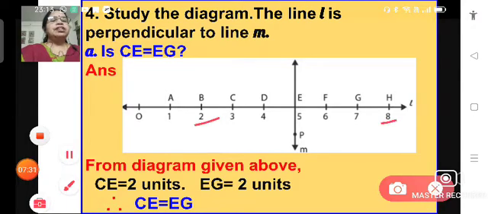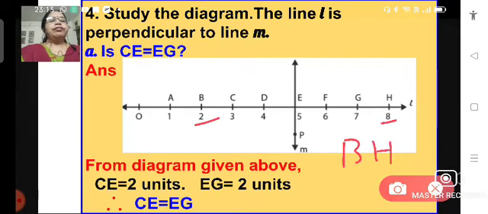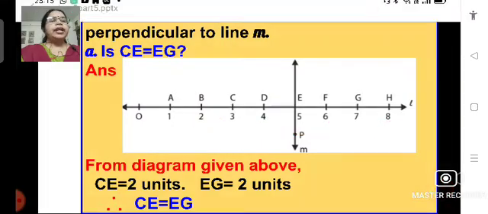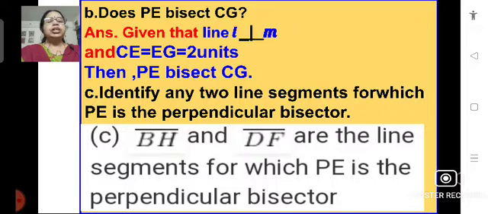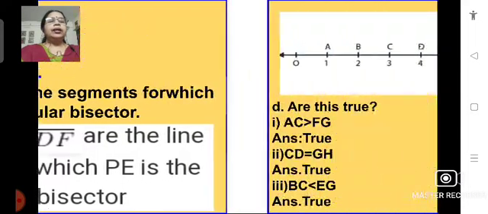We have BH which is divided into 2 equal parts by PE. So BH is one line segment, and DF is another line segment which is divided into 2 equal parts by PE. So BH and DF are the line segments for which PE is the perpendicular bisector.